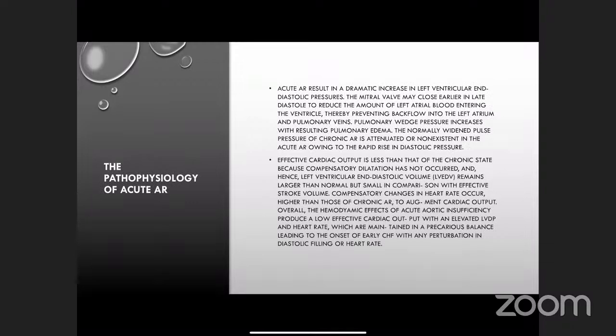Acute AR results in a dramatic increase in left ventricular end-diastolic pressure, and the mitral valve may close earlier in late diastole to reduce the amount of left atrial blood entering the ventricle, thereby preventing backflow into the left atrium and pulmonary veins, and pulmonary pressure increases with resulting pulmonary edema.